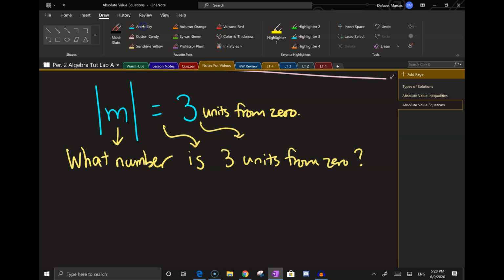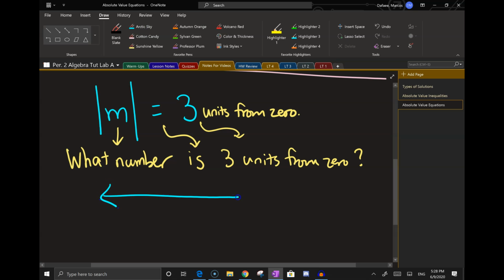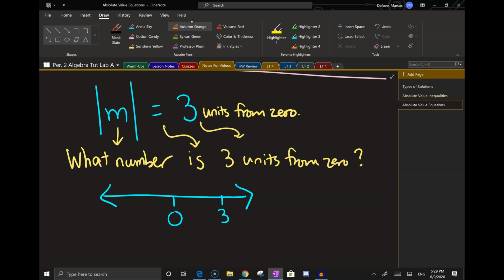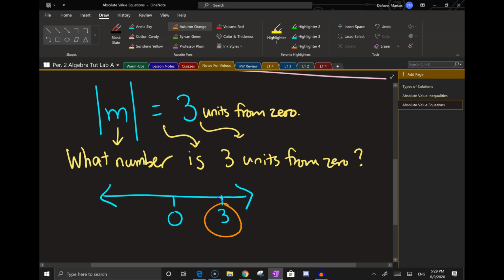And once again, I want to draw a number line so we can visualize this. So if 0 is like the neutral zone, we know already from our first example that the number 3 is exactly 3 units from 0. So I'm going to represent that by putting a 3 on the right side. But a number line is bidirectional. All that means is that it goes to positive infinity on the right and negative infinity to the left.